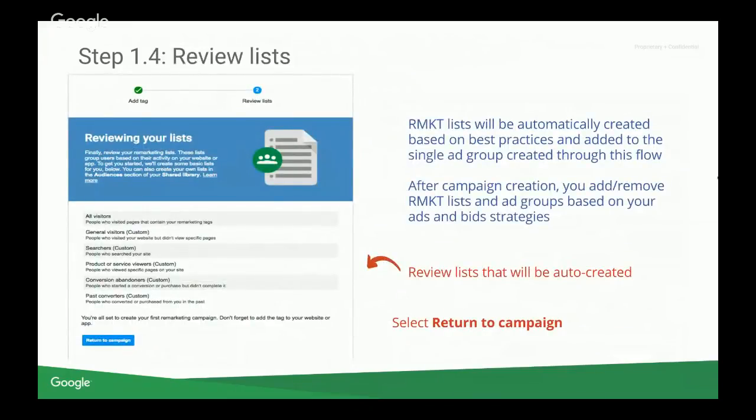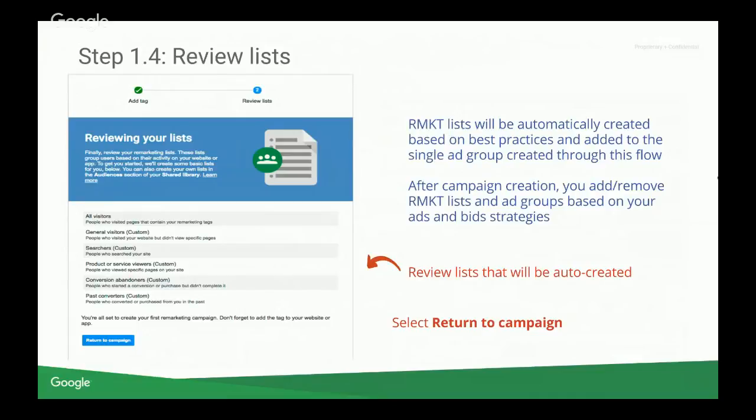Once you've added your feeds and once you've tagged your website, you will then be able to review your lists. These are the remarketing lists that the system has automatically created for you. As you can see here, you already have 6 remarketing lists created for you.